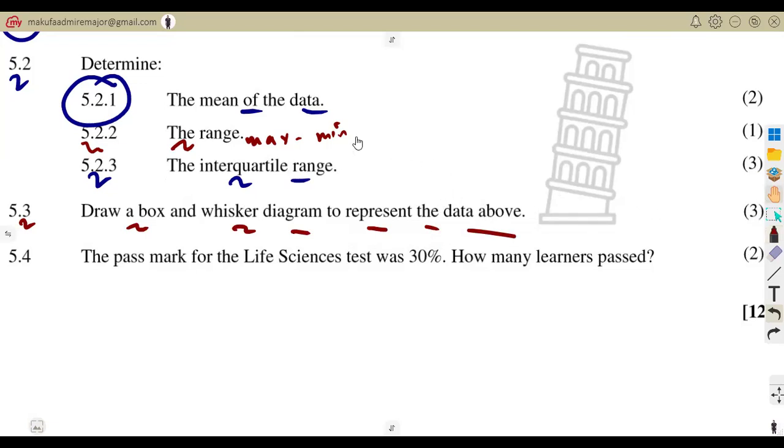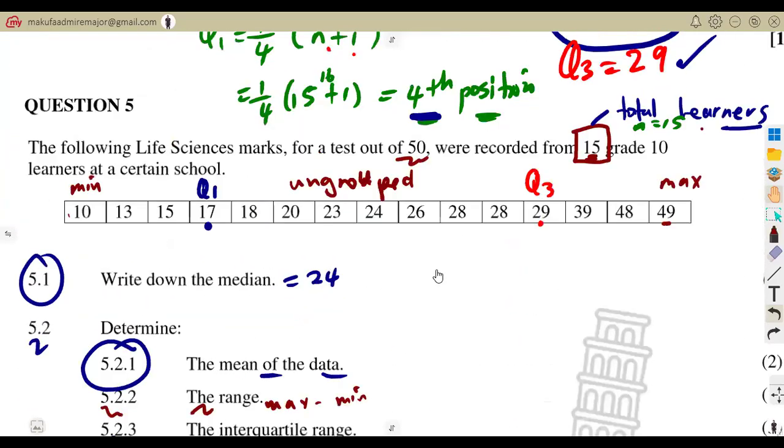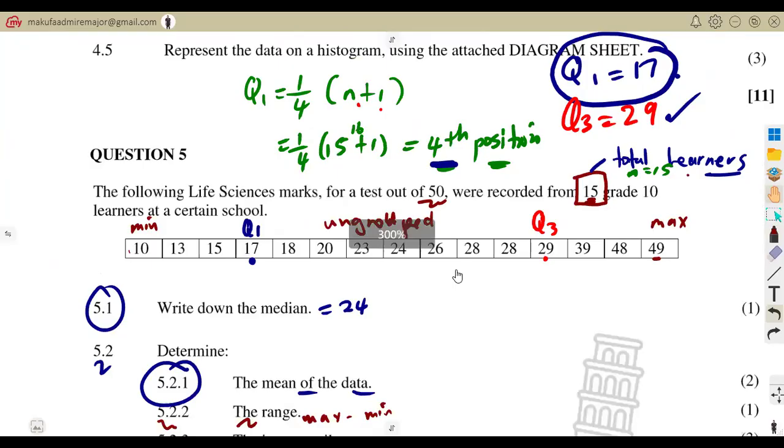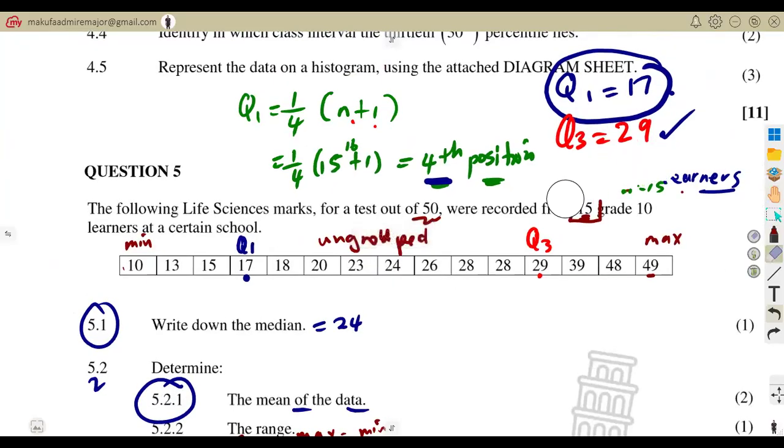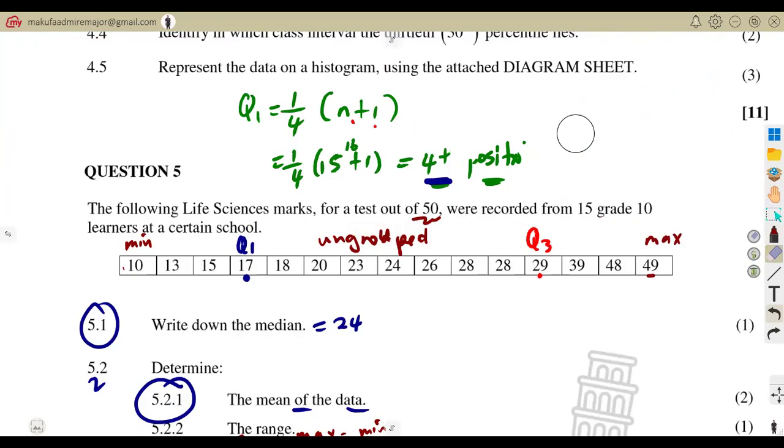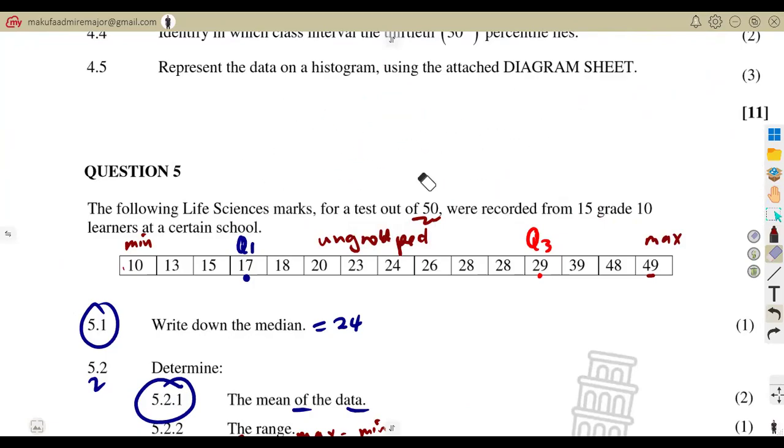Remember, our box and whisker is taken from the 5-number summary, where we talk of the minimum value, the lower quartile, the median value, which is 24, which we stated before, Q2, or you can just write median, the upper quartile, and the maximum value.